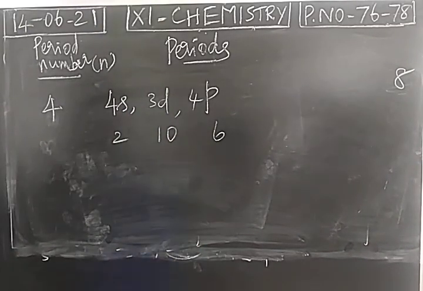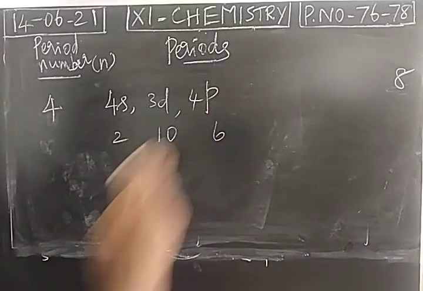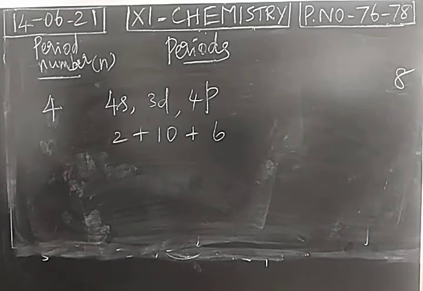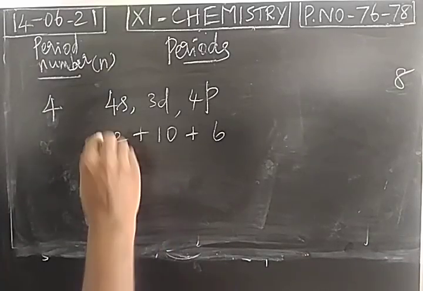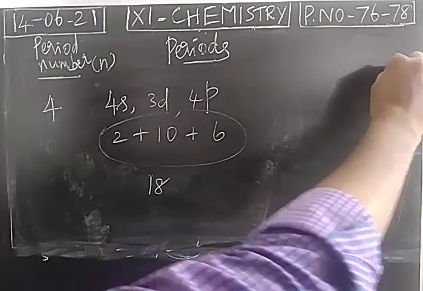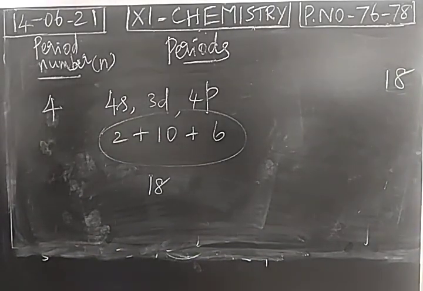The p orbital is of 3 types: px, py, pz, and each accommodates 2 electrons, so totally 6. So how many electrons can be placed in the fourth cell? Totally 18. So the number of elements present in the fourth period will be 18.